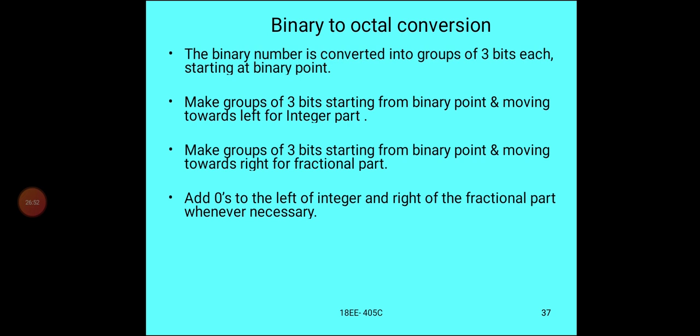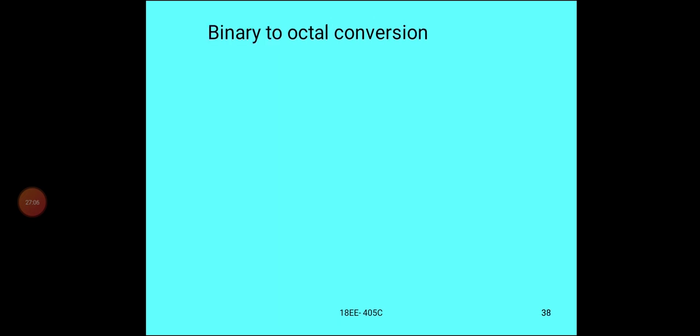Add 0 to the left of the integer part and to the right of the fractional part whenever necessary. Replace each group of 3 bits by its octal digit.